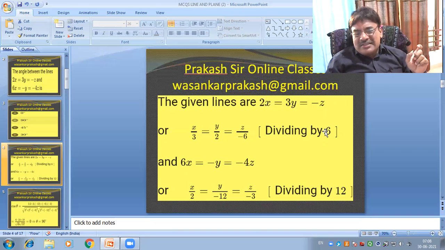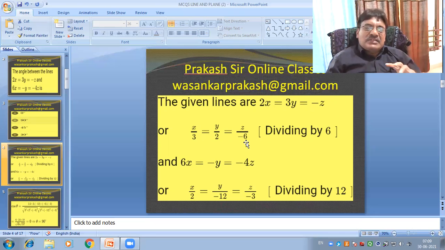So 2x/6 is x/3, 3y/6 is y/2, and -z/6 can be written as z/(-6). Therefore a1 = 3, b1 = 2, c1 = -6. These are the direction ratios of the first line.